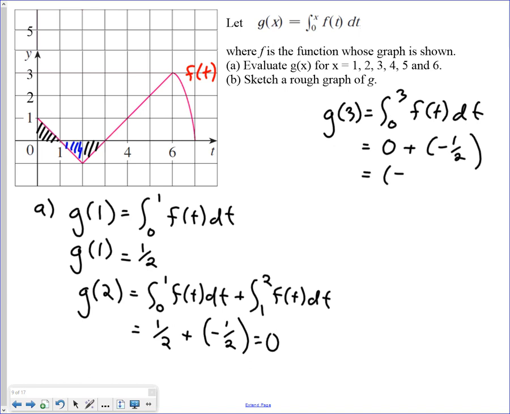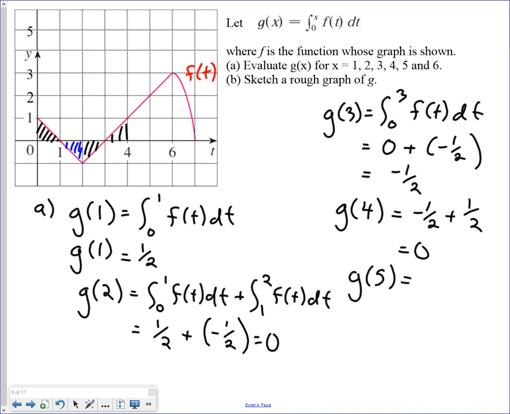So we get negative 1/2 here for our answer. g at 4 is going to be that negative 1/2 plus whatever area we accumulate from 3 to 4. That's another 1/2, so we're back up to 0 here.